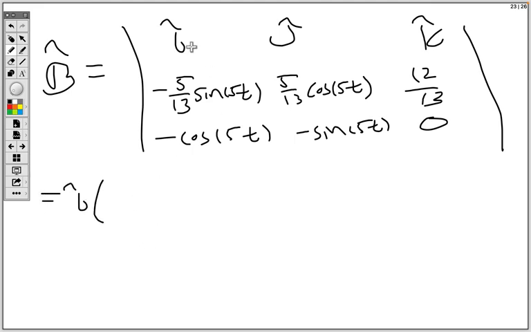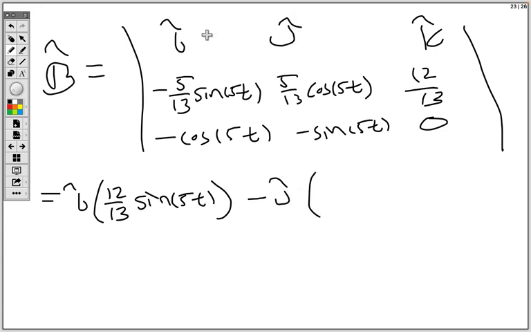All right, i hat, eliminate the row and column the i is in. We've got a 0 there, minus a negative 12/13 sine of 5t. That would be a positive 12/13 sine of 5t. Minus j hat, eliminate the row and column the j is in. We get a 0 there, minus a negative 12/13 cosine 5t.